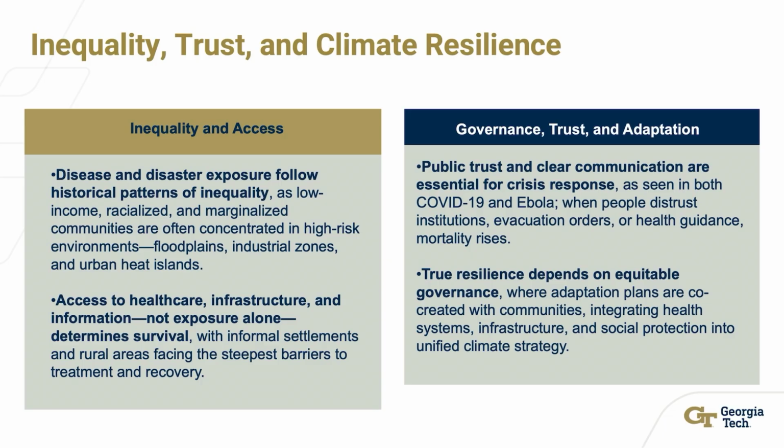Access to healthcare infrastructure and information, and not just exposure, determines survival. So we've talked about this as well. Mitigating negative outcomes through increasing people's access to information, with informal settlements in rural areas facing the steepest barriers to treatment and recovery.